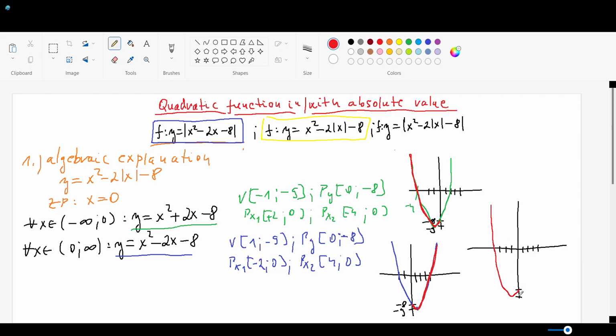So the final graph, sorry, because it is not a parabola, will look like this. As you can see, this is this part of the parabola for x being less or equal to 0, and this part of the parabola for x being greater or equal to 0.